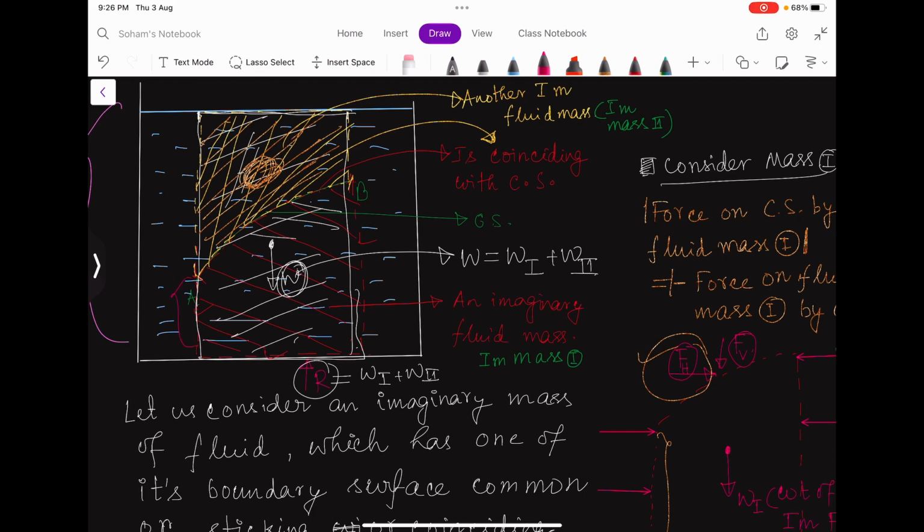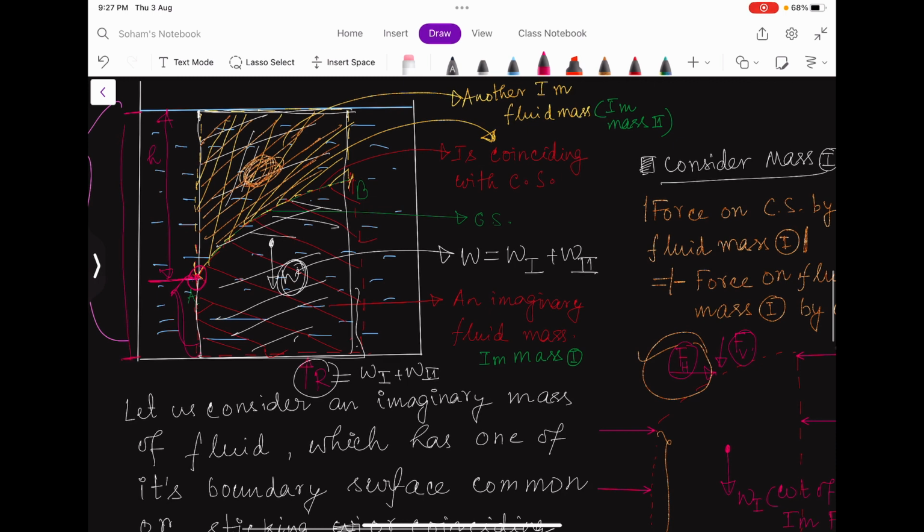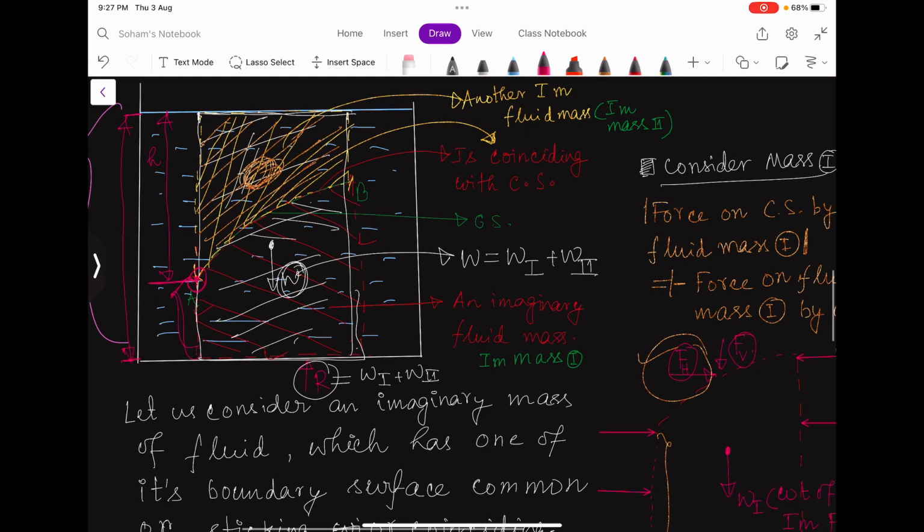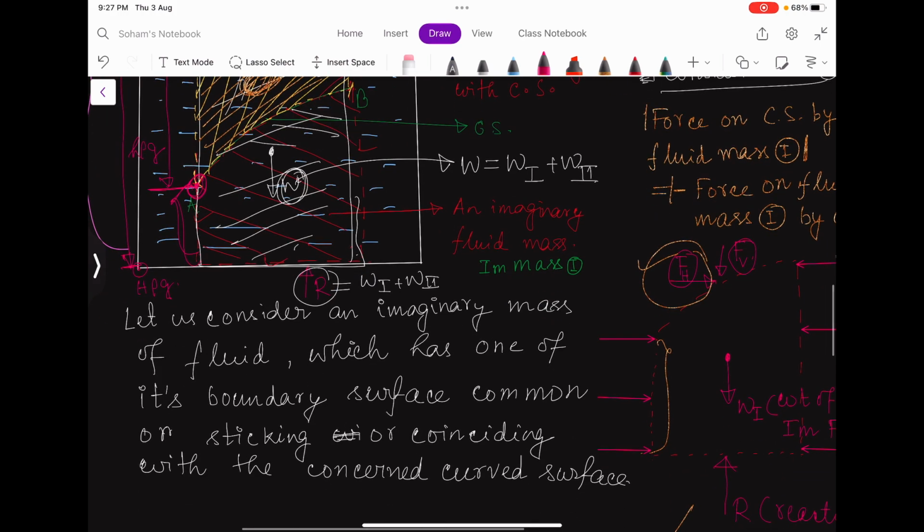At this point, let us say this height is small h, and this total height is capital H. The pressure acting at this point will be small h rho g, and at this point it will be capital H rho g, right?